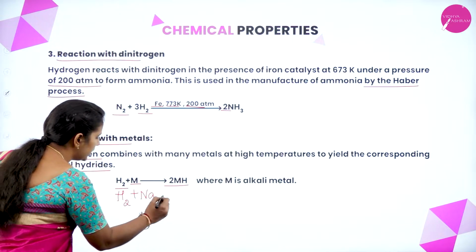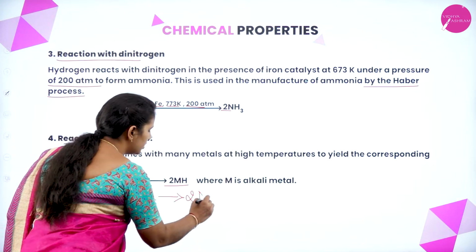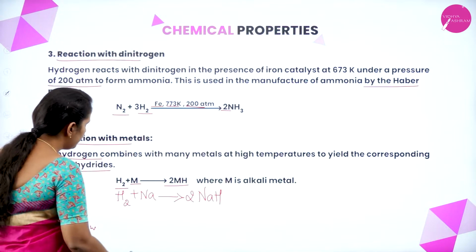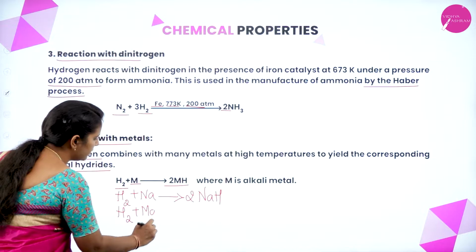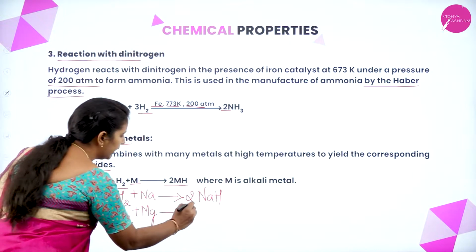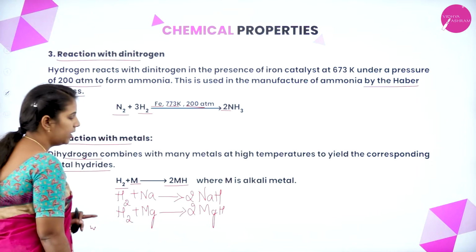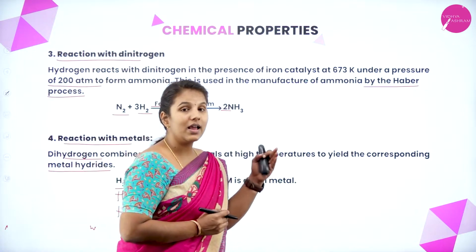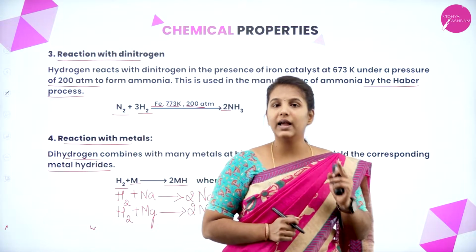You can take the example of sodium, which is a group 1 element. When dihydrogen reacts with sodium metal, it forms what? Sodium hydride. Similarly, when dihydrogen reacts with magnesium, which is a group 2 element, it forms what? Magnesium hydride. This is how, when our dihydrogen reacts with any metal, it forms a metal hydride.